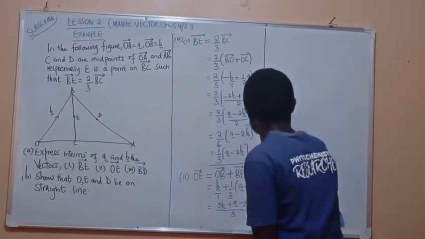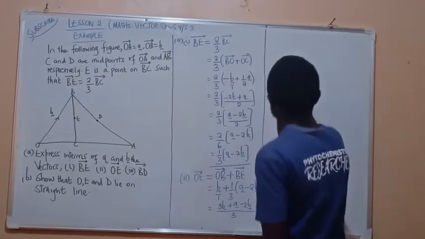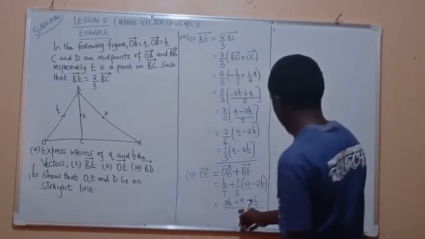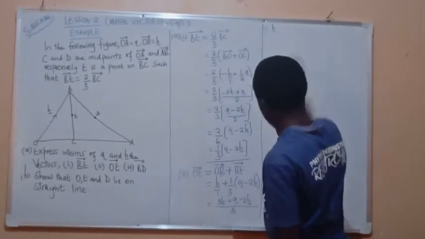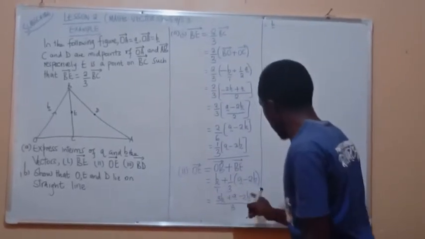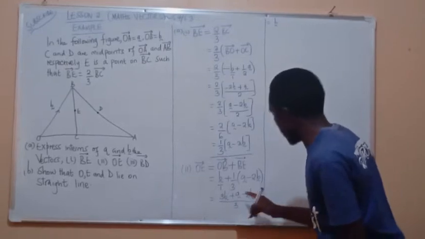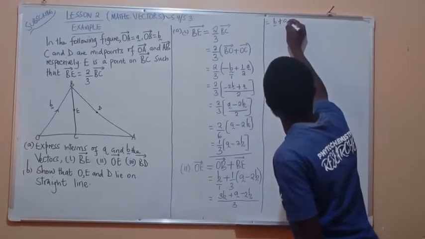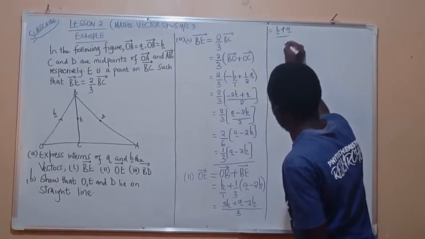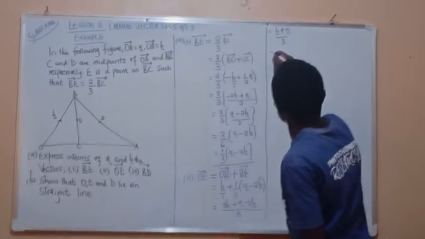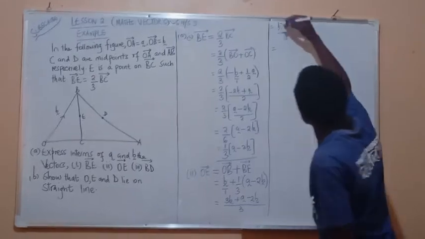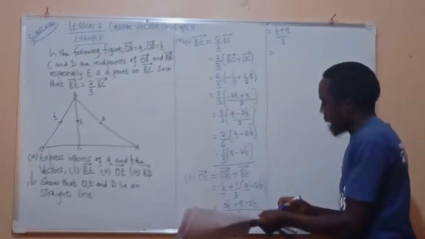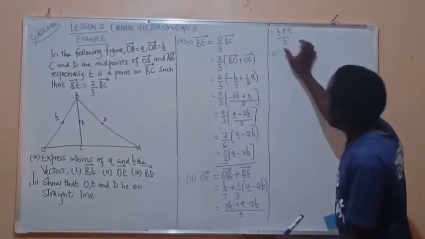allow me to do like this. So this one will be the same as 3b minus 2b. We shall have b, then plus an a out of 3. So this one can be written as a third. One can bring it, because it is over 3. I'm getting the upper thing, I'm dividing it by 3.